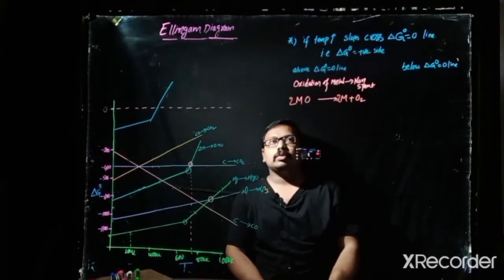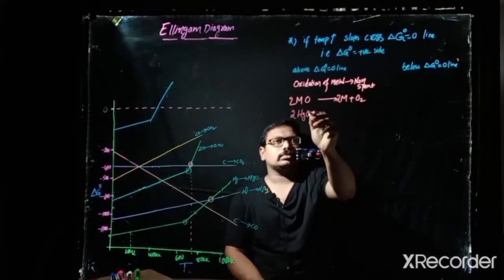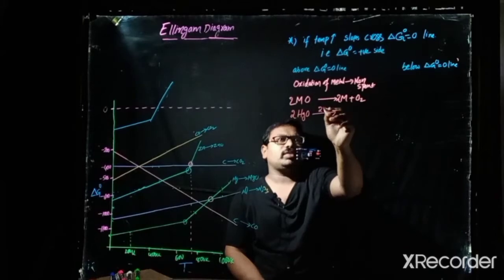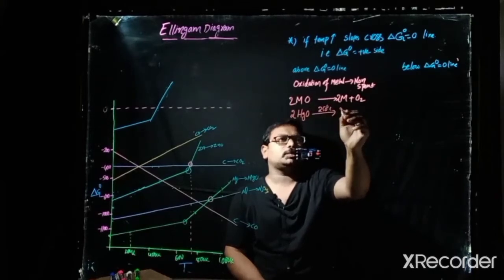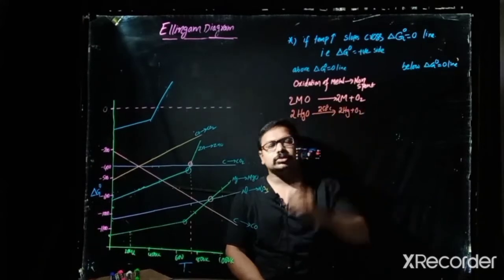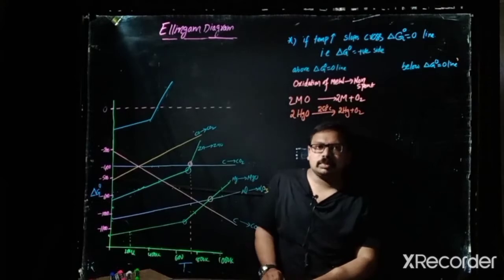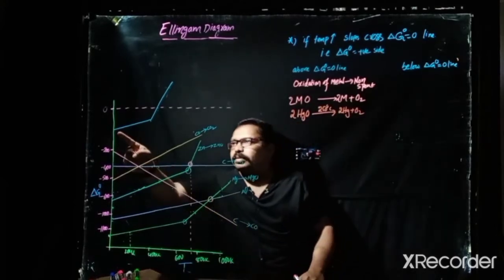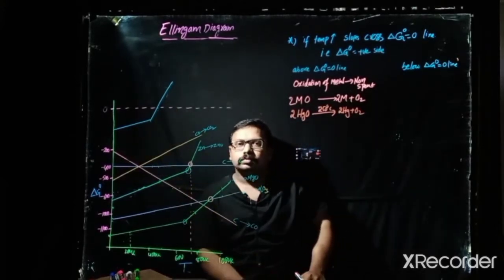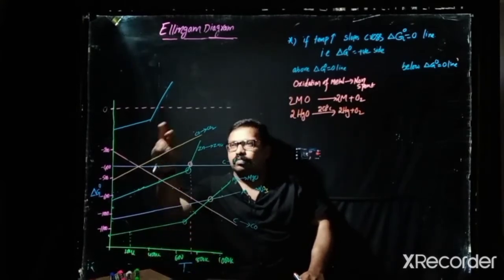For example, mercuric oxide at 250 degrees Celsius splits into mercury plus oxygen. There is no reducing agent required. Why? Because this metallic oxide is less stable. How can you say that? Here I am writing like this for my convenience.